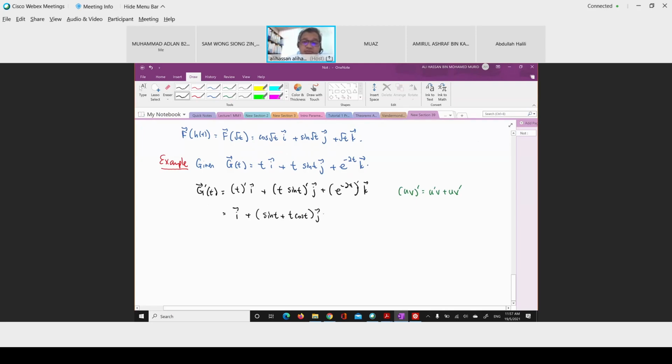What is the derivative of e to the minus 2t? That is the chain rule. The outer function is the exponential function, the inner function is minus 2t. So it is minus 2 e to the minus 2t k, right?